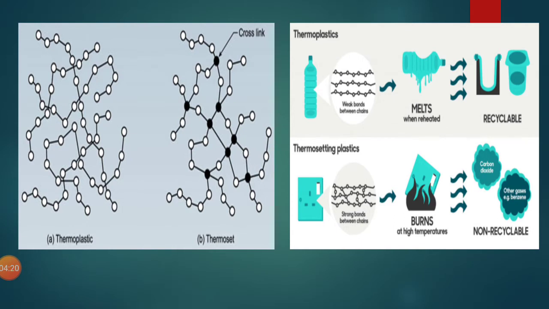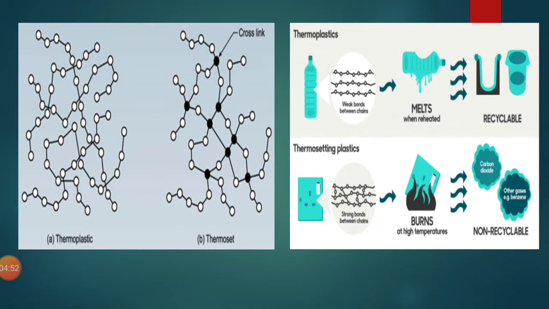As you can see, there are the properties of a thermoplastic, and in the thermosets, as you can see, they are attached together through cross link. And at your right hand side, it shows the thermoplastics, whereas they have a weak bond between chains, which allows them to be reheated and reshaped.